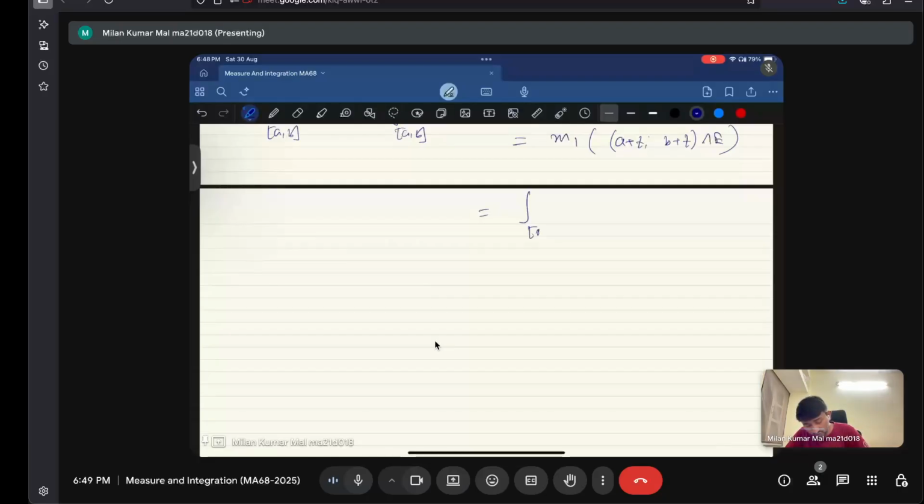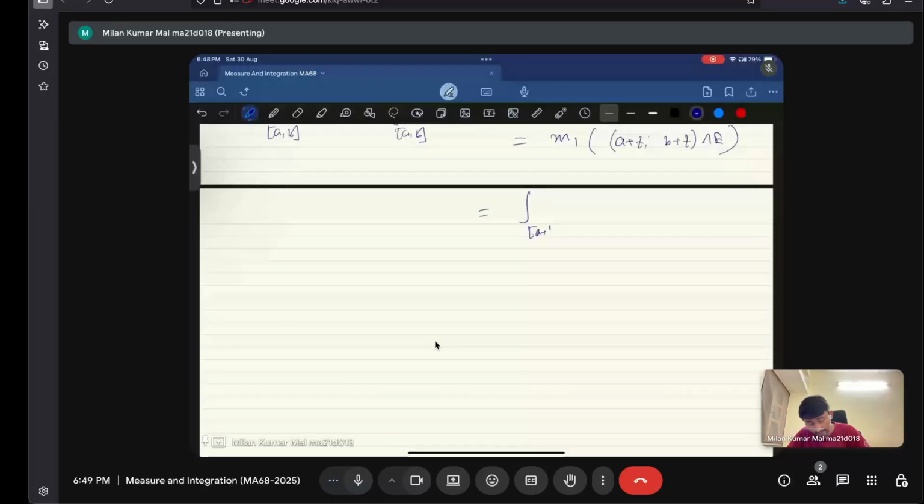So as this is true for a characteristic function, this fact is then true for a simple function. Okay, for a simple function this is true.